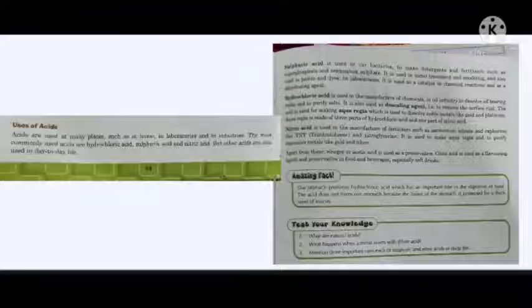In laboratories, it is used as a catalyst in chemical reactions and as a dehydrating agent. What is the use of sulfuric acid? It's used in car batteries and fertilizers, also to make detergent, superphosphate and ammonium sulfate.